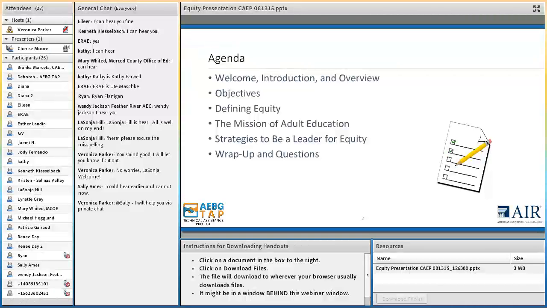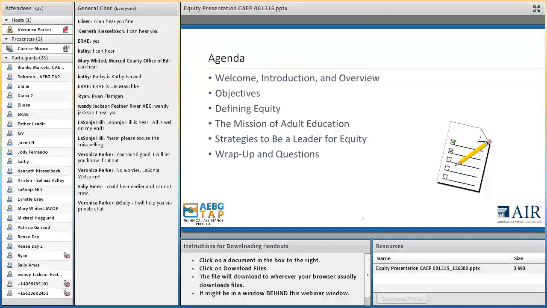We're then going to define equity and talk about what that means. It's defined in a specific way for this webinar, and I want us to think about that definition as we are looking at those that we serve. We're going to then talk about, well, what does that mean in relationship to what I do as an adult educator and the purpose and mission of my work.